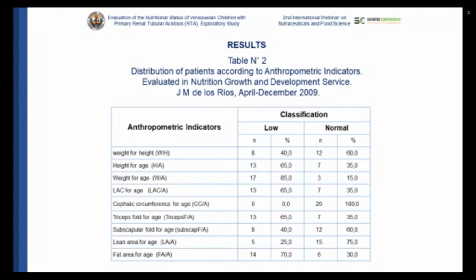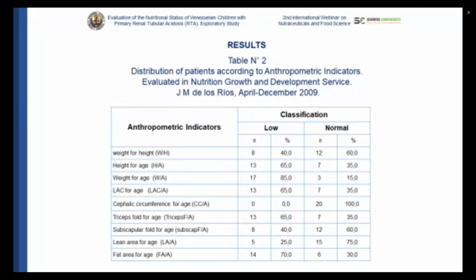As for the triceps fold for age, since it is an indicator of body composition, it shows that 13 of the cases have a low adipose mass, or what is the same, a low caloric reserve.